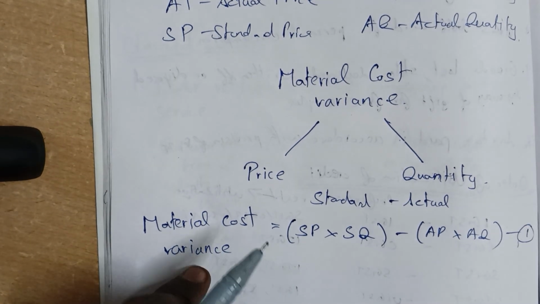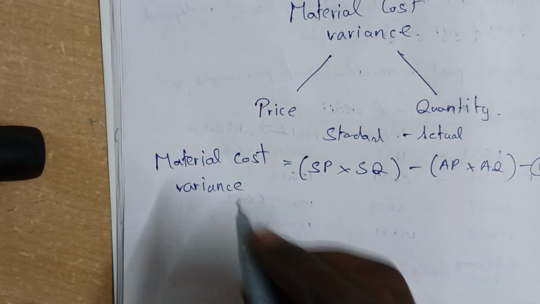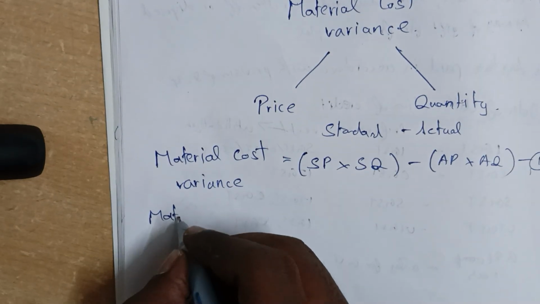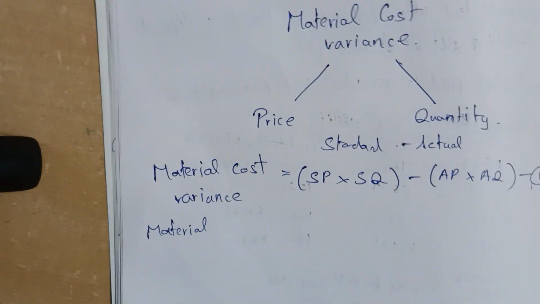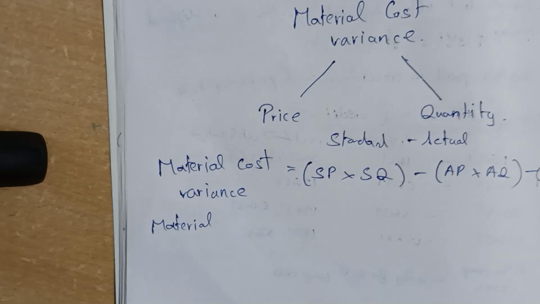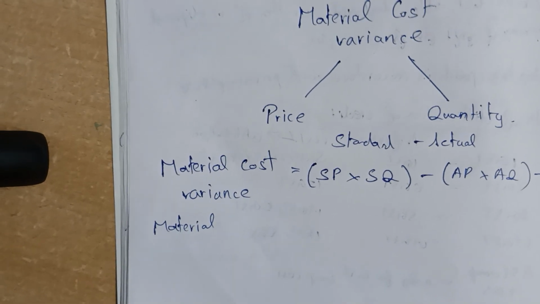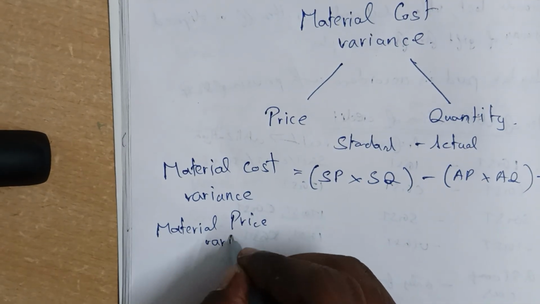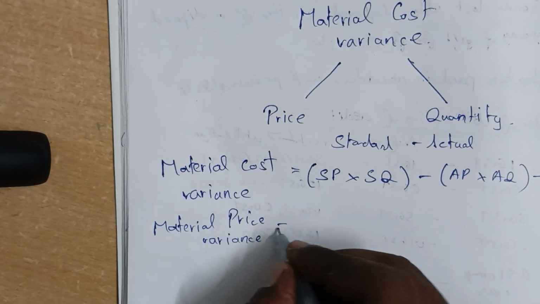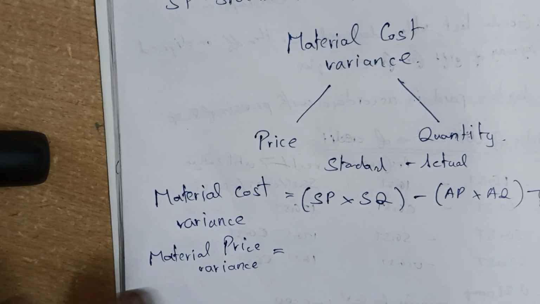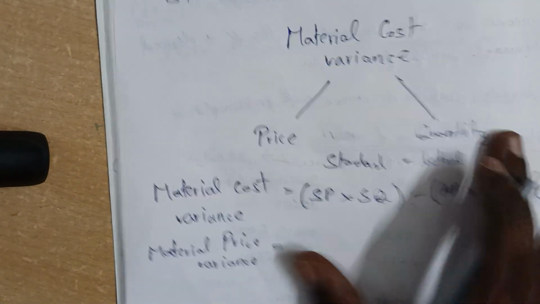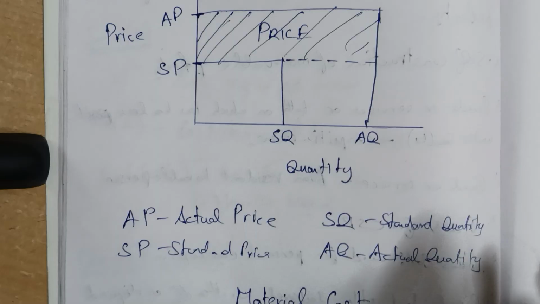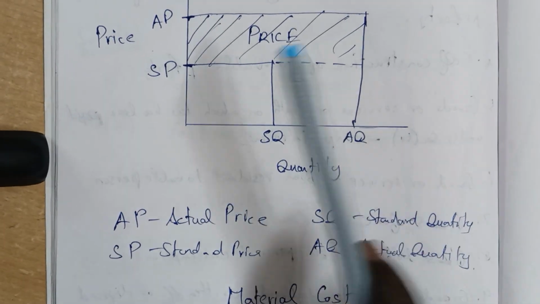Now this can be divided into further two. Here comes the material price variance. How much the material actual price varies. Now this is similar, but just a little bit of changes. So here comes the graph. So where is price located in this?